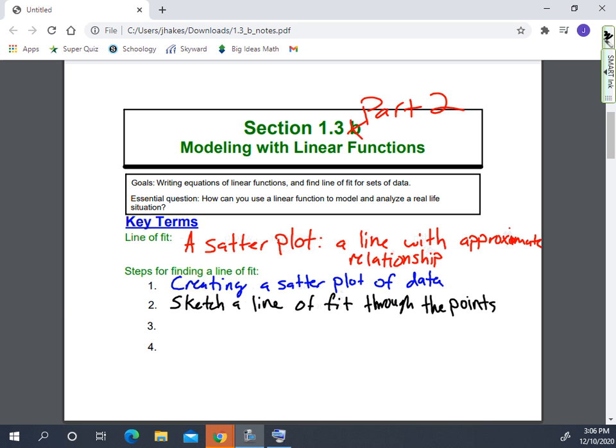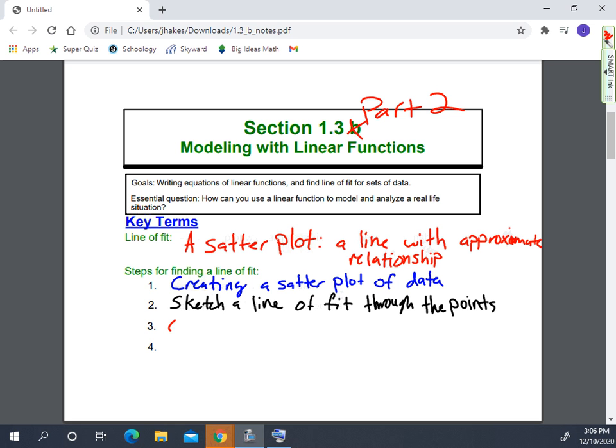And that's where this approximately comes in. Okay. Approximately through a line of best fit, or through the points that show our linear relation the best. Okay, step 3 is on that line that we drew.